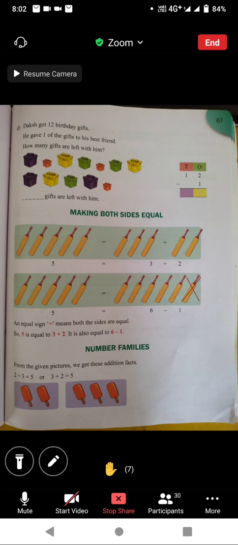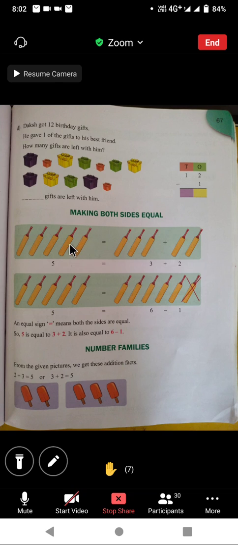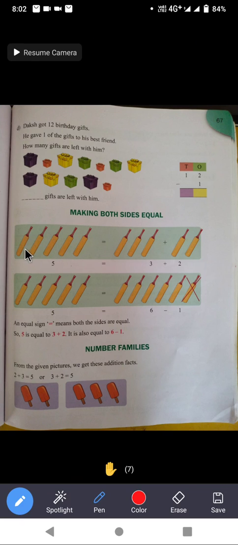Now students, look at these examples. Here we have 5 bats on the left hand side. How many? 1 2 3 4 5 bats. And on the right hand side how many do we have? 1 2 3. So we have to make both the sides equal.